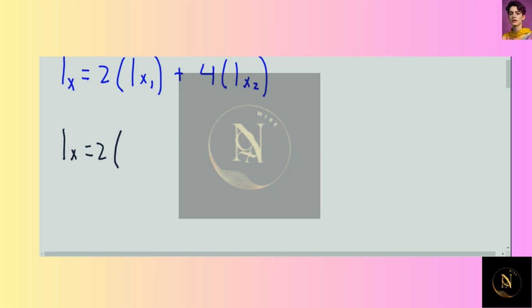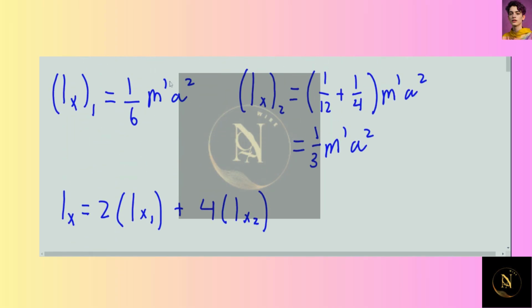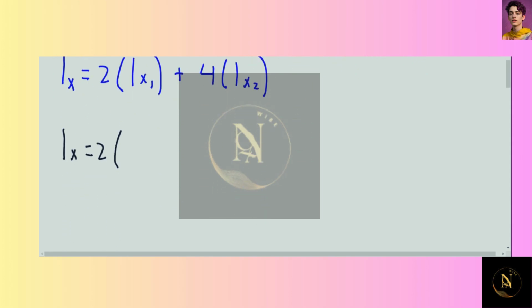So we plug in these values, which I'll write as 1 over 6 times m over 6 times a squared, plus 4 times 1 over 3 times m over 6 times a squared.